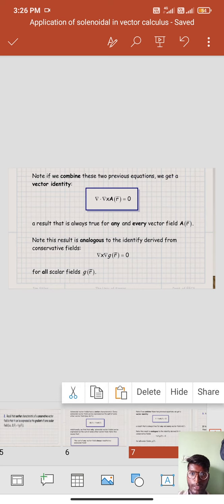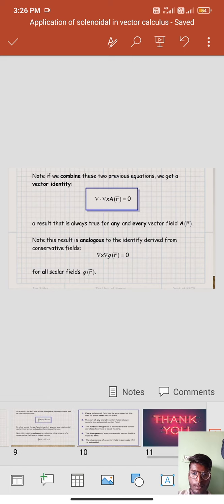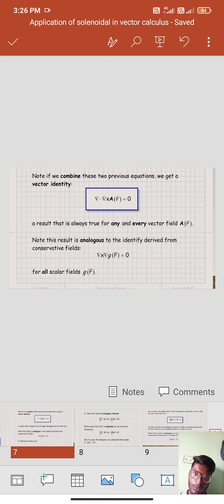Note if we combine these two previous equations, we get a vector identity: del dot del cross A of r vector equals 0, a result that is always true for any and every vector field A. Note this result is analogous to the identity derived from the conservative field, del cross grad g equals 0, for all scalar fields g of r.